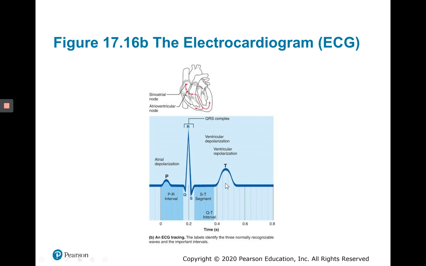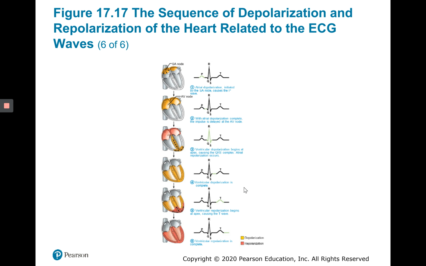Then the T wave includes ventricular repolarization. So the atria were already relaxed, and they're not yet getting ready to contract again. So the T wave is what we see when the ventricles are relaxing. The T wave is bigger than the P wave because even though the ventricles are relaxing, they're much larger than the atria.